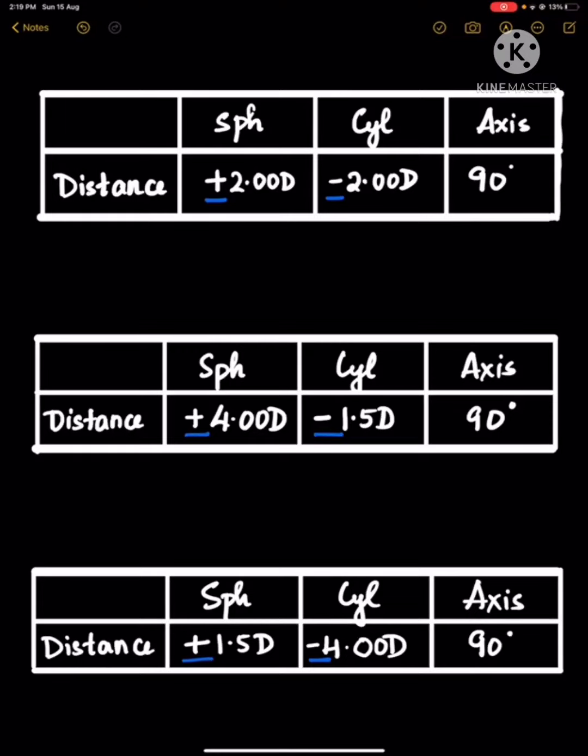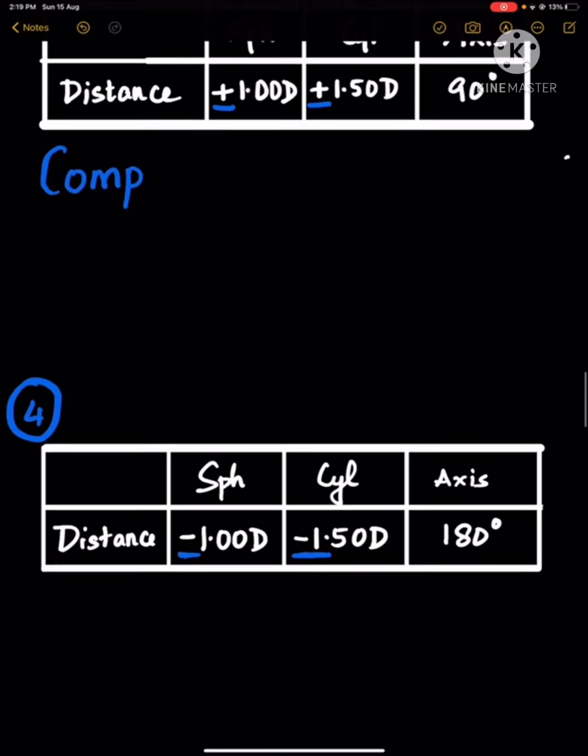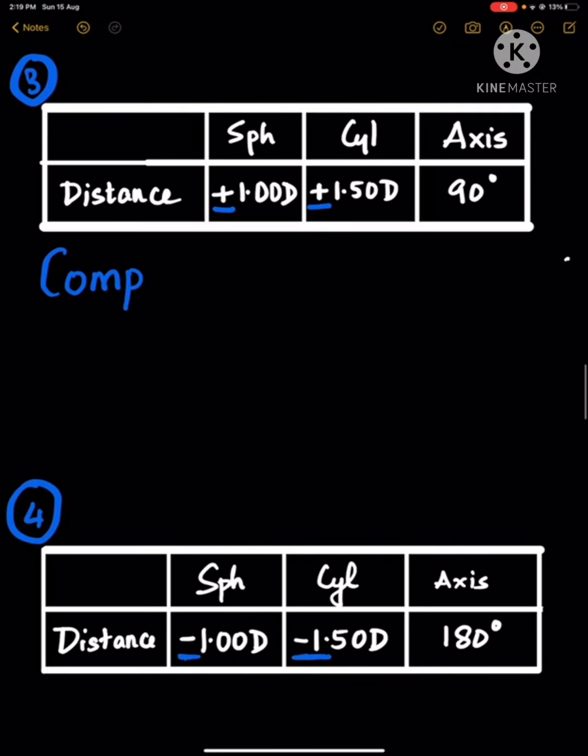So this one will require a bit of intensive thinking. Before that, let's do the easy ones. As I said, both meridia are in the same direction, but nothing is on the retina. So this is compound plus hyperopic astigmatism.